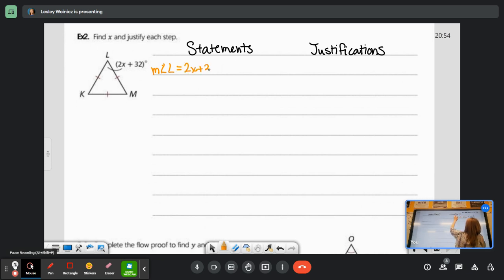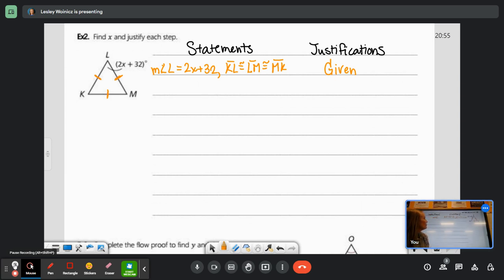We also know that these sides are congruent because we have all these lovely little ticks. So we know that segment KL is congruent to segment LM, which is congruent to segment MK. And we know all those juicy little tidbits because they were given to us.